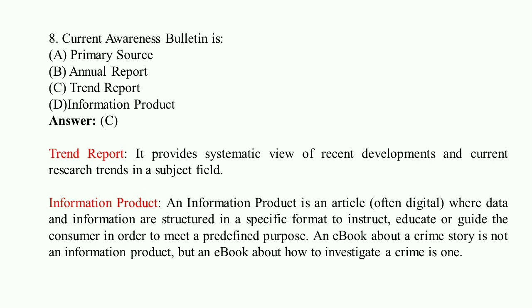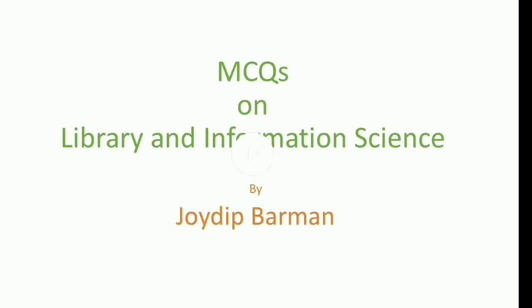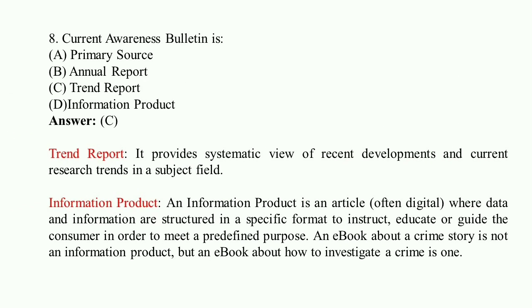But if there is a book about how to investigate a crime, it will be an information product. So in this video I have discussed some important multiple choice questions which were previously asked by the UGC in the NET examination.